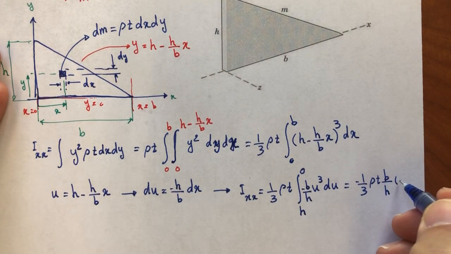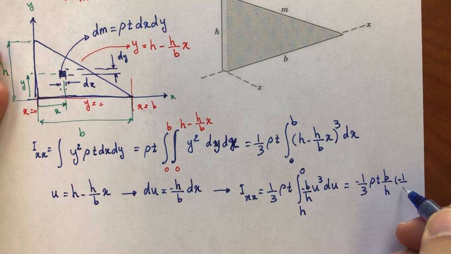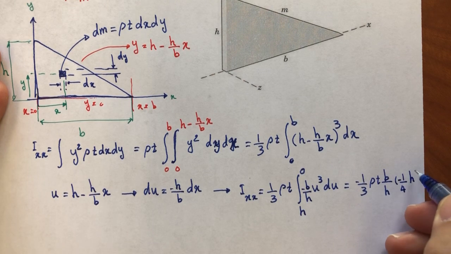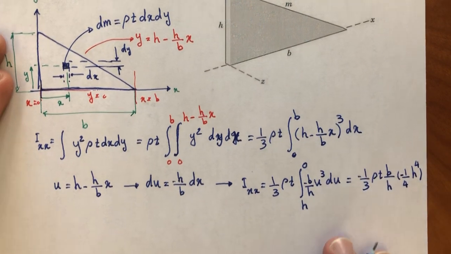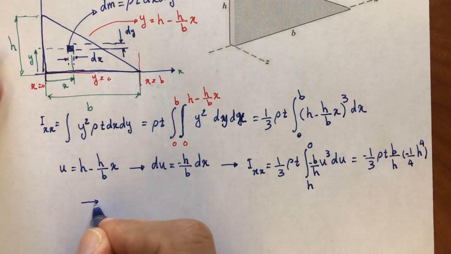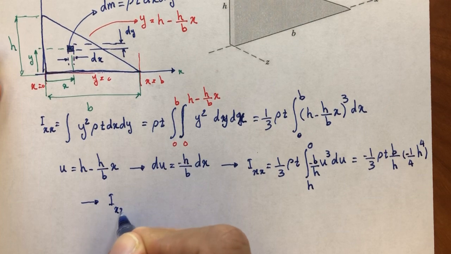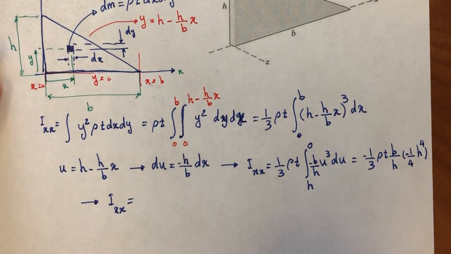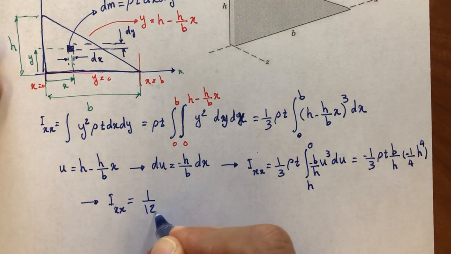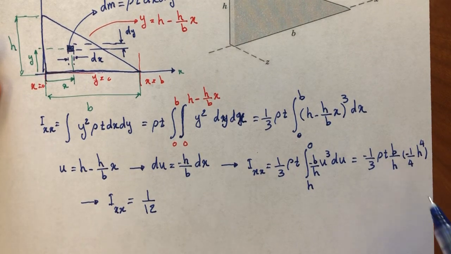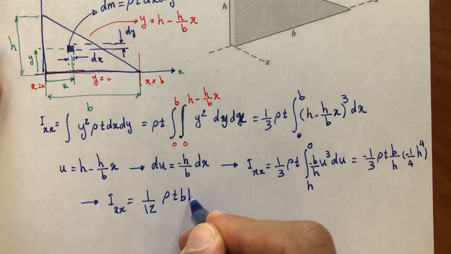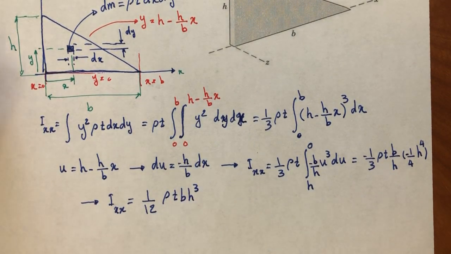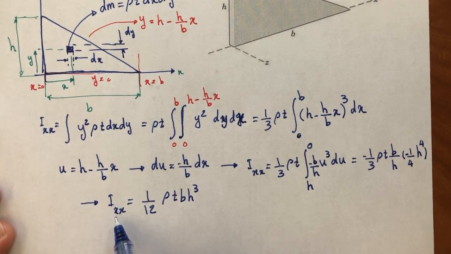So at the end, I'm going to have negative 1 over 4 h to the 4. These negatives cancel out each other. So I'm going to have 1 over 12 rho t b h to the 4 divided by h cubed. So this is the mass moment of inertia about x-axis.